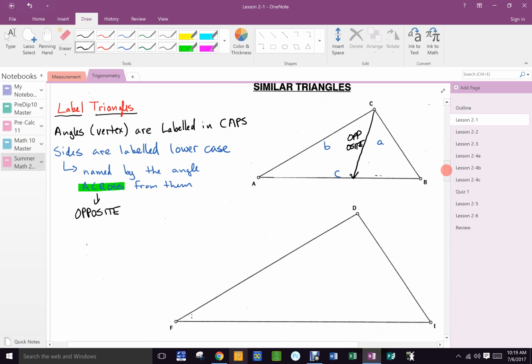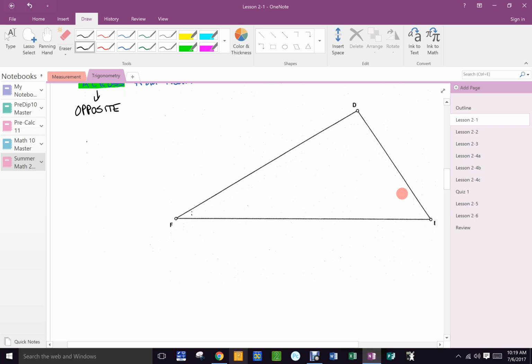So that means in this big triangle, what is this side? Little d, because he is opposite from where? Big D. What is this guy? Little f. Why? Because he's opposite from big F, for F's sake.